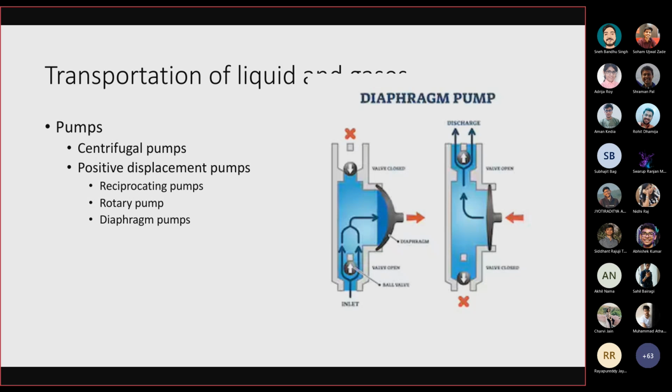For example, in a pharmaceutical industry, where they have to transport concentrated slurries from one position to another, that's where we have to use diaphragm pumps. We can't use centrifugal pumps or reciprocating pumps. If you visit any pharmaceutical industry, often you will see diaphragm pumps. If you visit any oil refinery, you will see centrifugal pumps, and often reciprocating pumps.